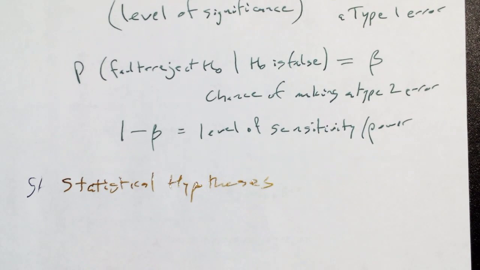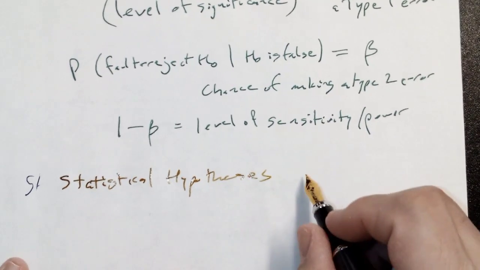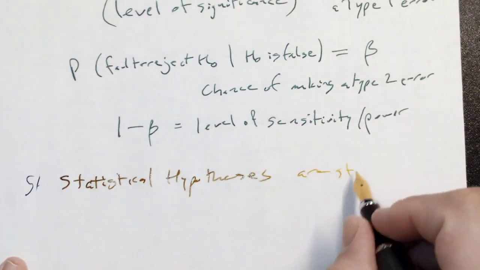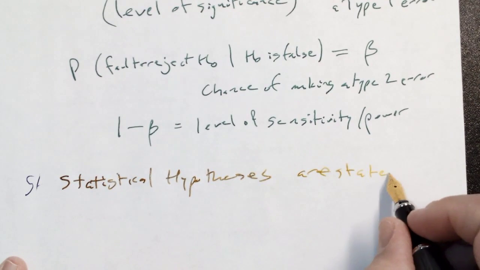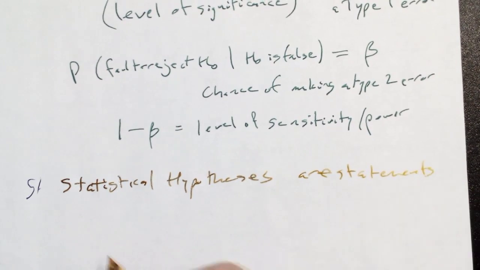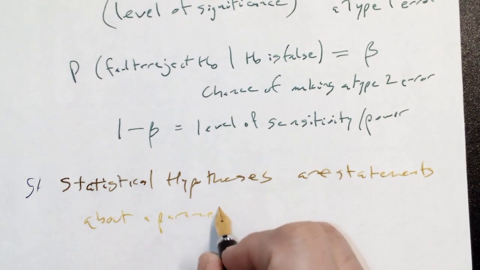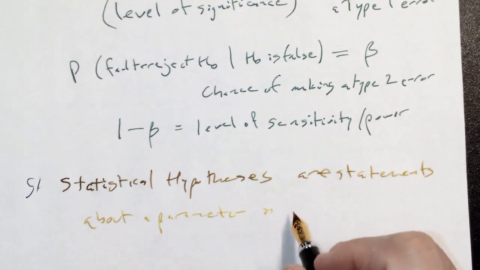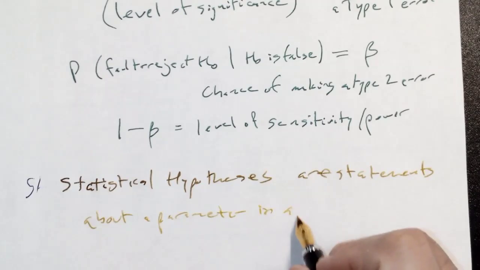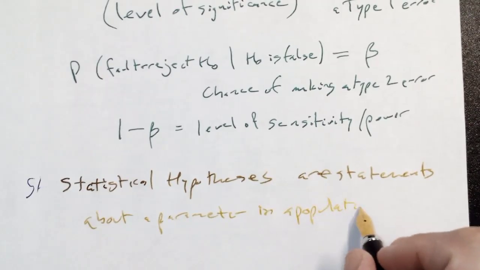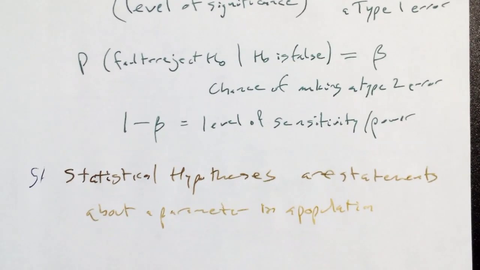A statistical hypothesis is a statement about a parameter. Some parameter in my population.